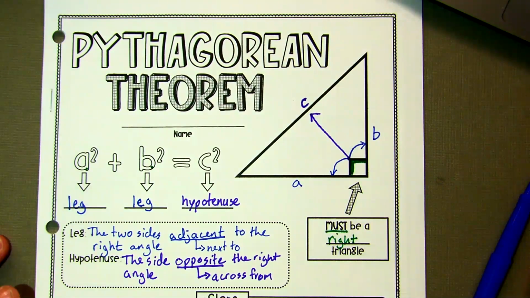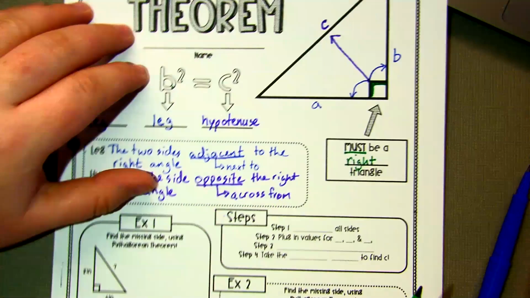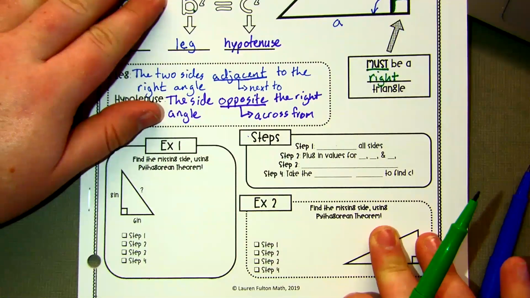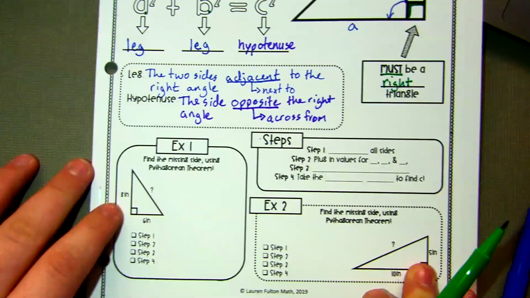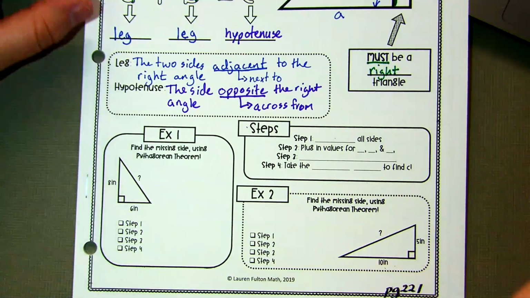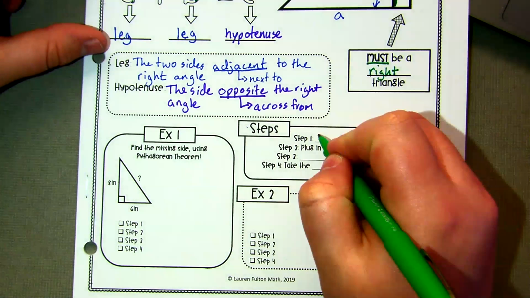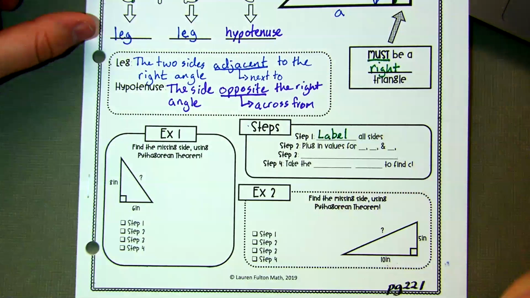Now let's work a couple examples. When we're doing problems using the Pythagorean theorem, we have four main steps that we want to follow. Step one, we label all sides.